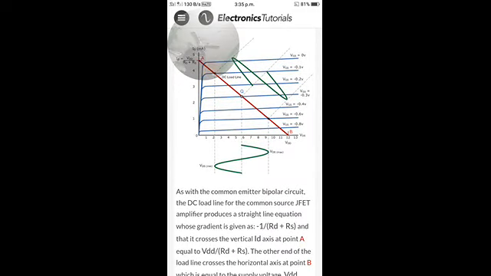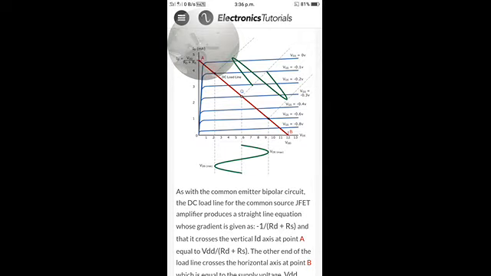Similar to the common emitter transistor amplifier, the DC load line for the common source JFET amplifier produces a straight line equation whose slope or gradient is given by minus 1 by RD plus RS, where RD is the drain resistance and RS is the source resistance. It crosses the vertical ID axis at point A equal to VDD by RD plus RS.